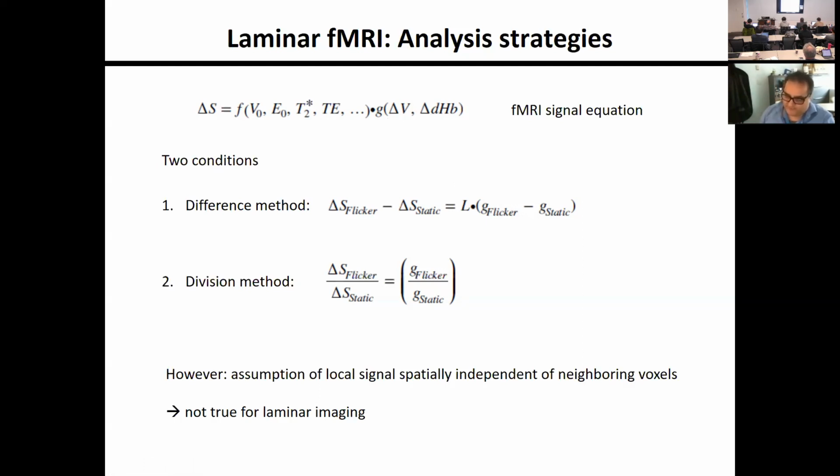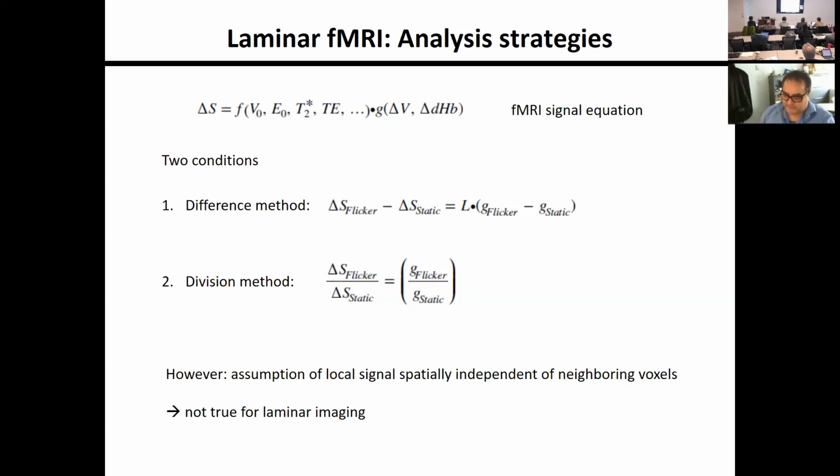Some people who want to remove this bias in standard resolution fMRI remove the most strongly activated voxels. For example, people who do tonotopy mask the highest voxels because these are the least specific voxels.